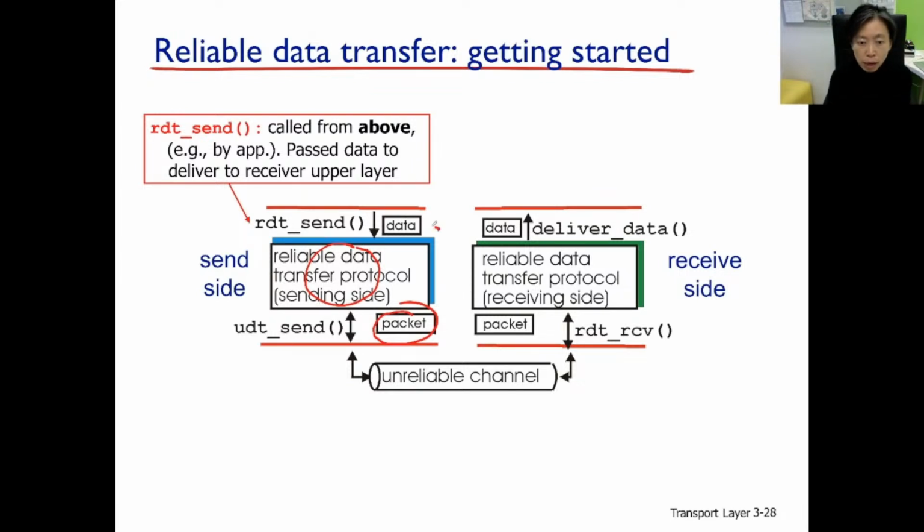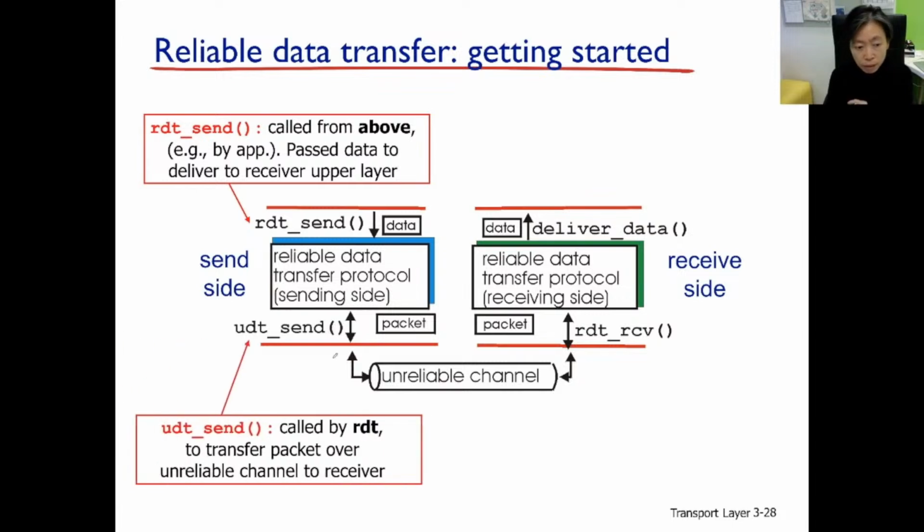Okay, so messages now data, segments now packets. And the action of pushing the packets down to the unreliable channel is UDT send. Okay, UDT send. So UDT send here is called by the RDT protocol sending side, to transfer packets over the unreliable channel.